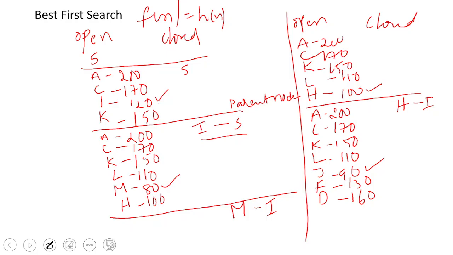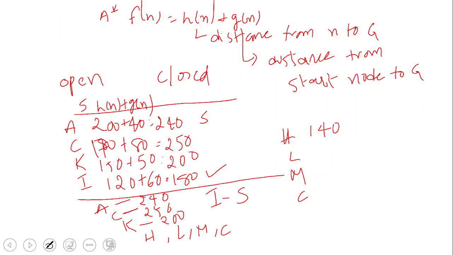H is 100 and L is 110 and M is 80. Okay, so H with 100, L with 110 and M with 80 and C with 170. Now place g of n value. So g of n value is the distance from the start node.